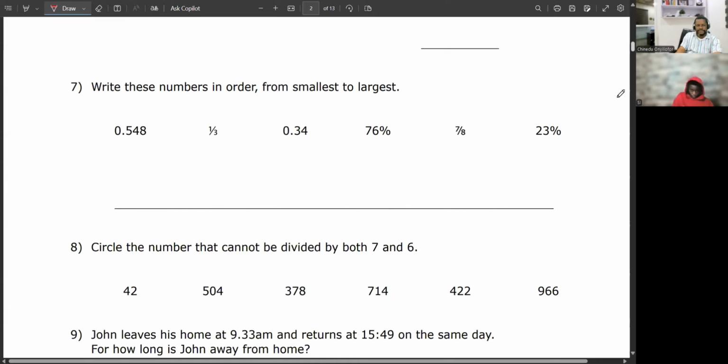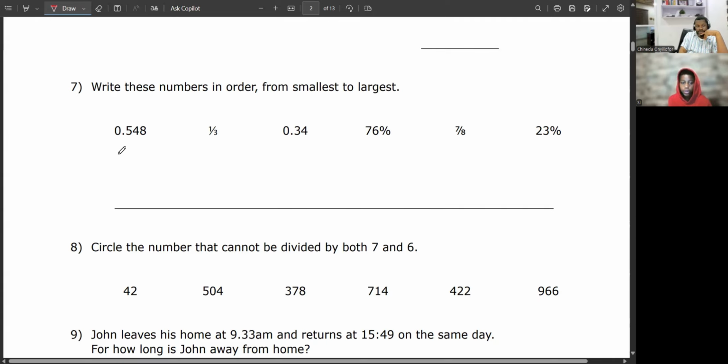Number 7. Write these numbers in their order of size, starting from the smallest to the largest. So what I think you can do is write them in terms of decimals.